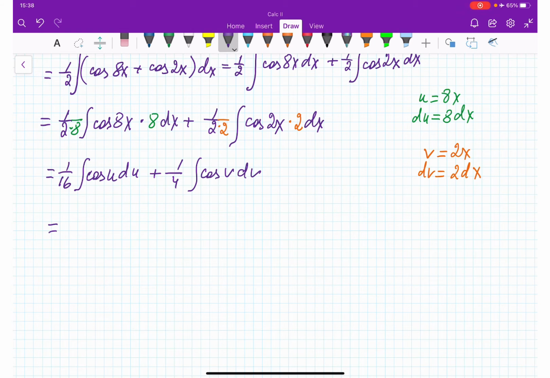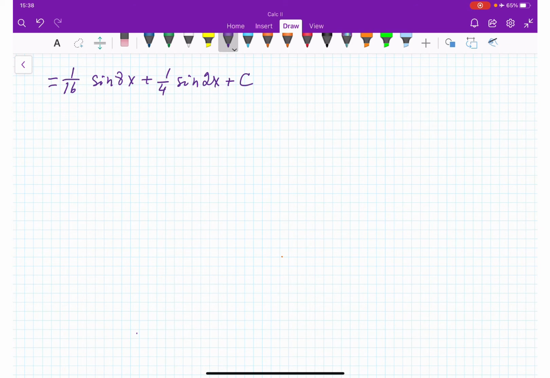And the answer we are going to get is 1/16 sine 8x plus 1/4 sine 2x plus C. Okay. In a similar way, we can solve sine times sine, and cosine times sine. It's a very easy way, so I'm not going to bring more examples because it's clear. It's very easy to do.